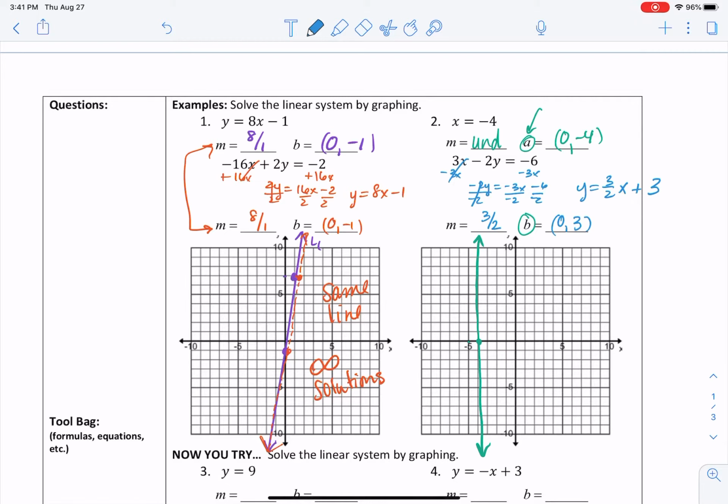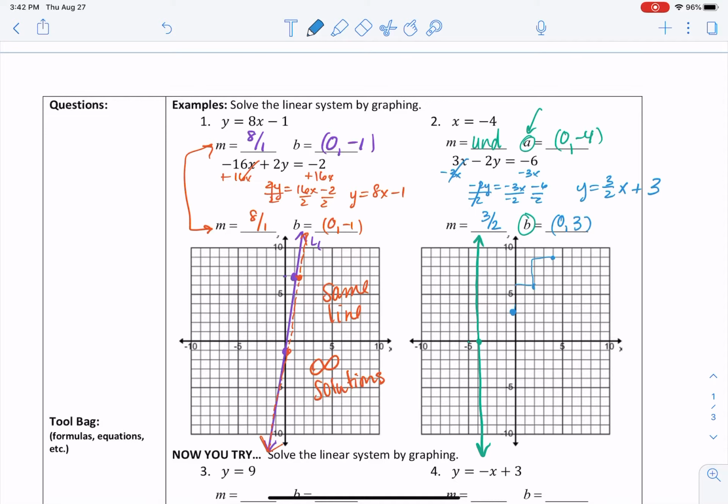So that when I graph over 0, up 3, right 2, I'm going to undo that.